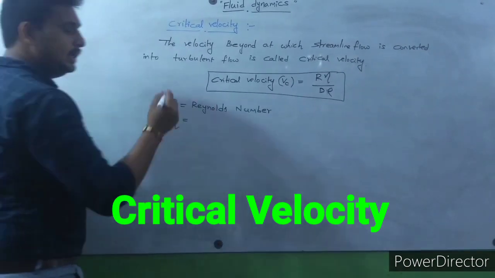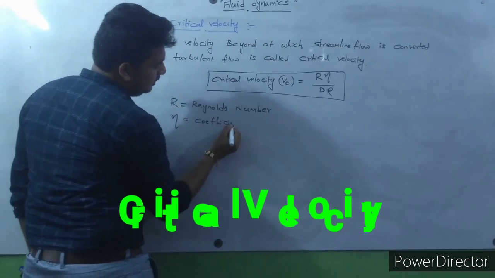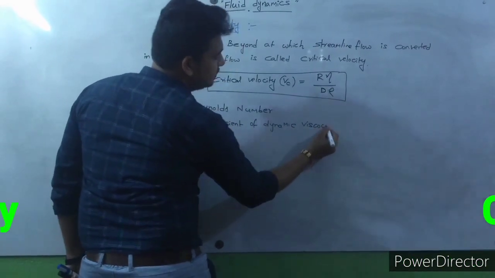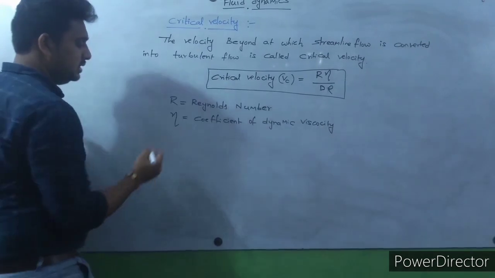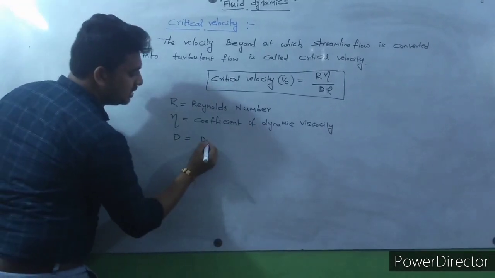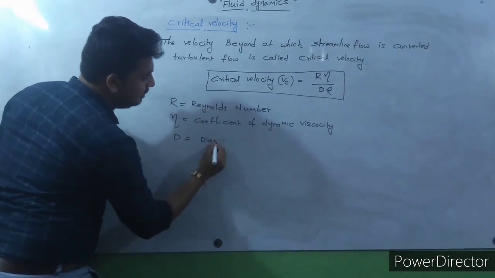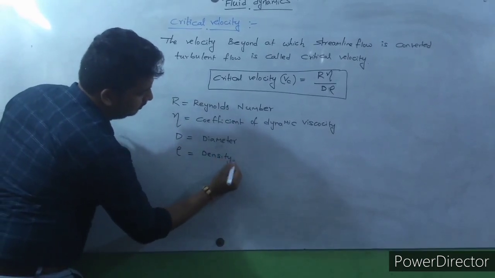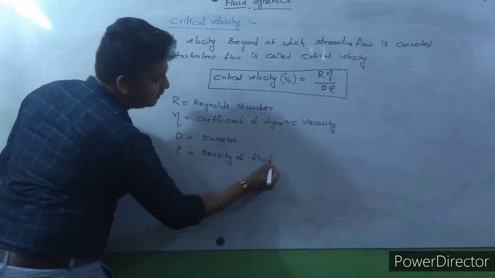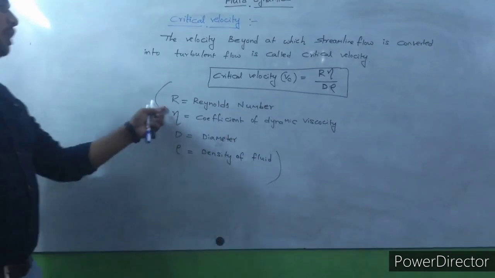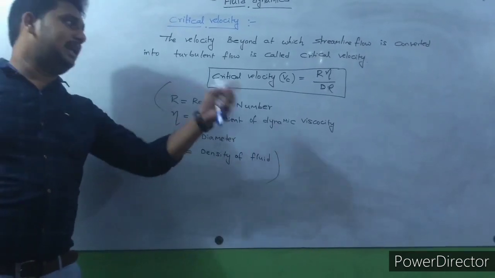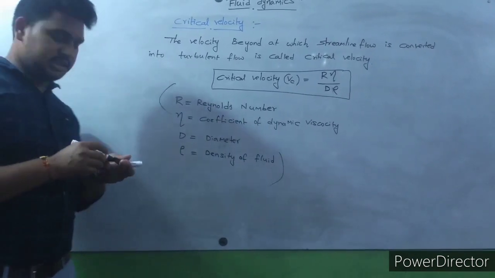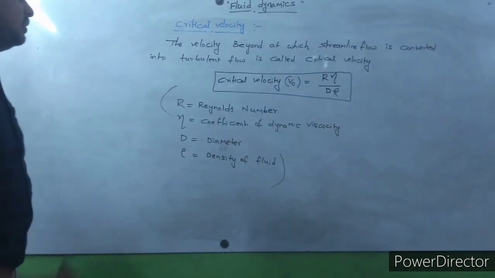I will discuss. Eta means coefficient of dynamic viscosity, D means diameter, rho means density of fluid. Next, we'll discuss one by one.